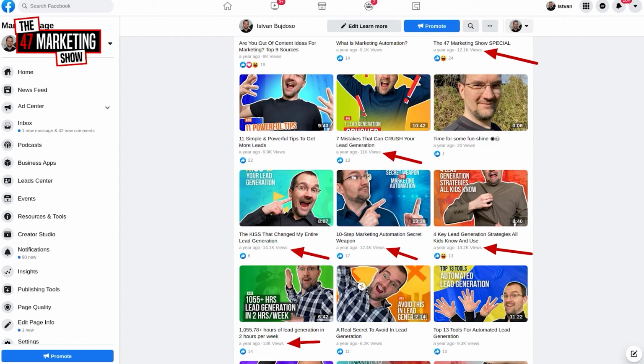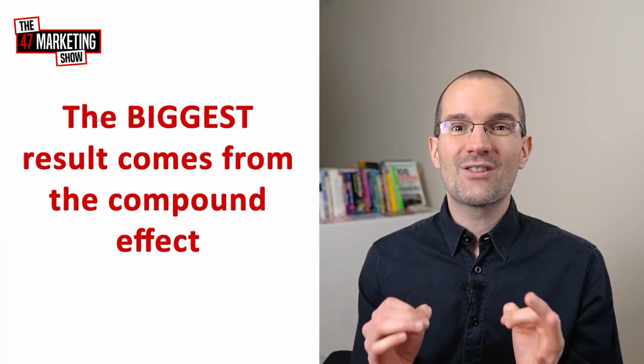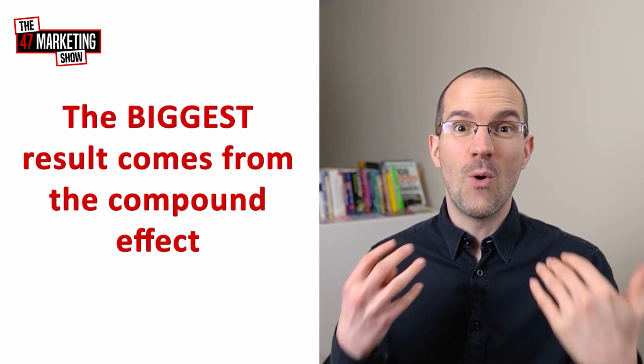Some of our content didn't perform well, while some videos got tens of thousands of views. The biggest result comes from the compound effect. In the past 2.5 years, we've reached hundreds of thousands of people in total, and day by day our audience is growing even when I'm not working, and it has a real positive effect on the rest of my business.